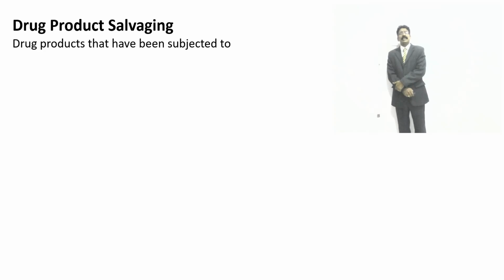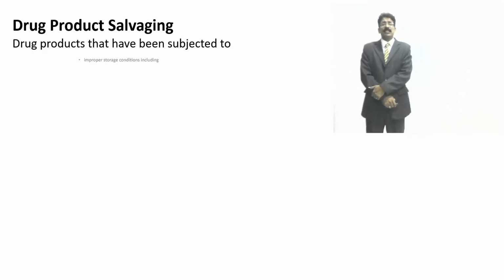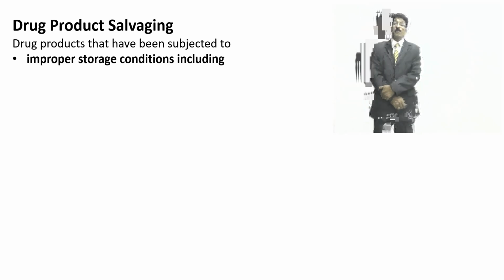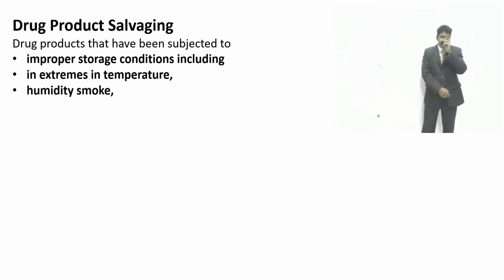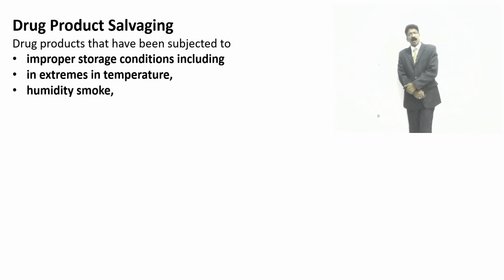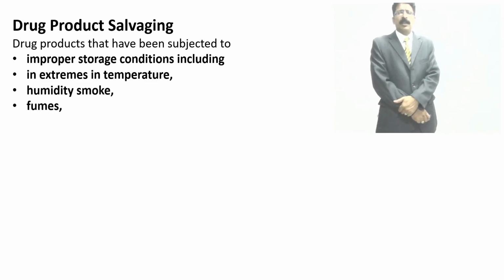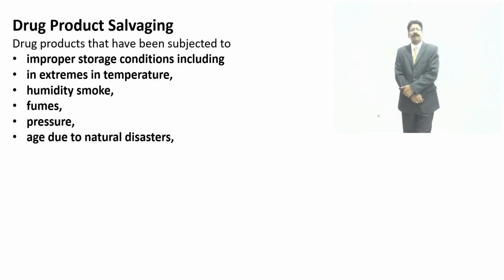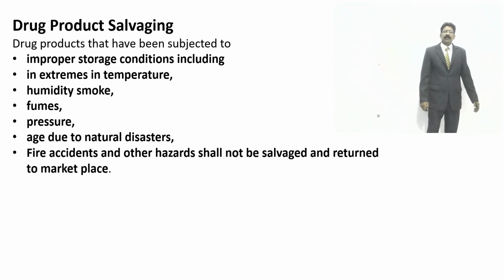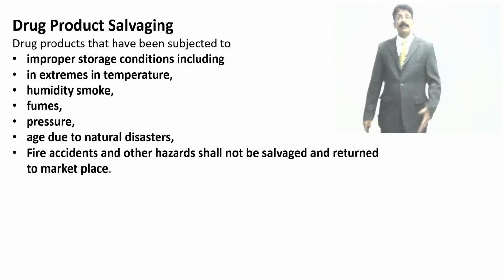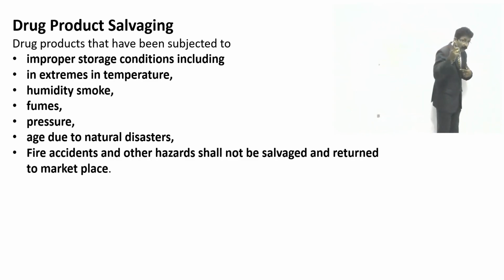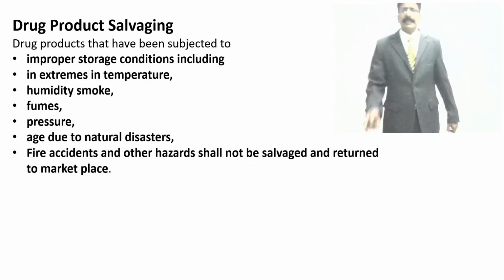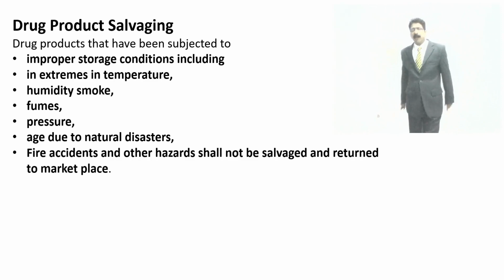They mention the drug products that have been subjected to improper storage conditions, including extreme temperatures, heavy humidity, smoke, fumes, pressure, age, damage due to natural disaster, fire, accident and hazards. These are all incidents which affect the drug, and if it is returned, it cannot be reprocessed.